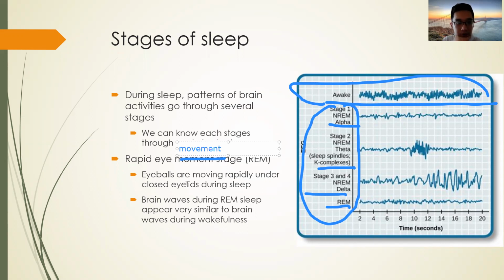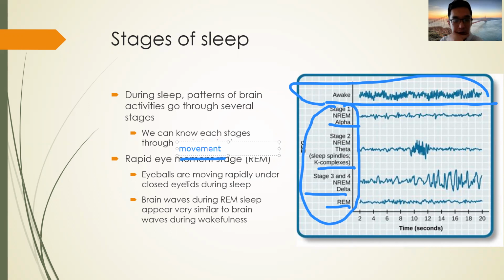In this stage, the eyeballs of that person are moving quickly or rapidly. Their eyelids are closed, but the eyeballs are moving quickly. That looks a little bit scary, but it happens.